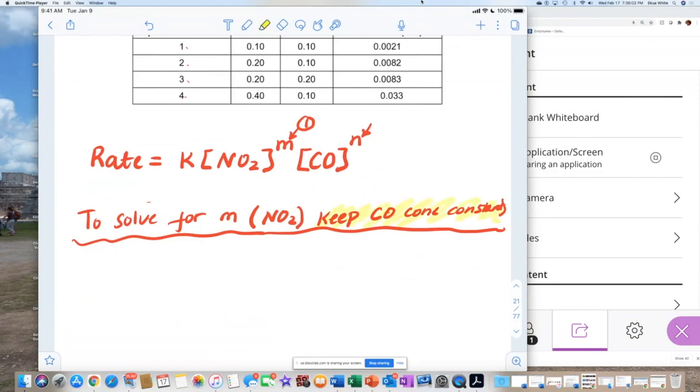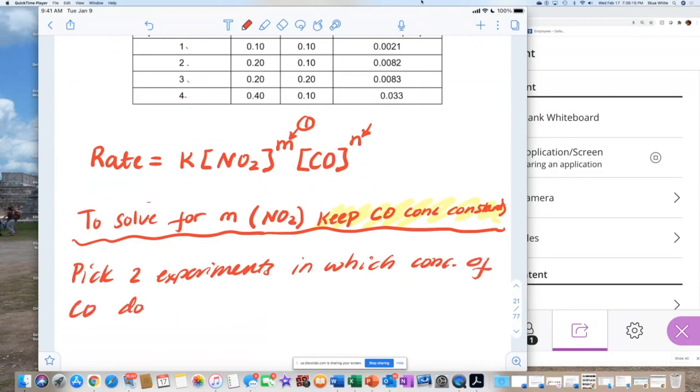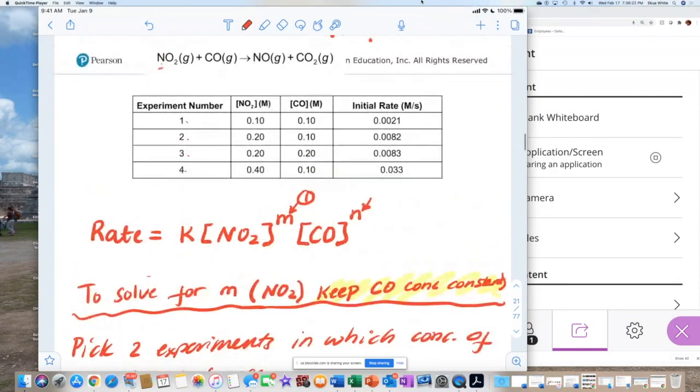Pick two experiments. So I'm going to write what I'm doing here. Pick two experiments in which the concentration of CO doesn't change. Okay?